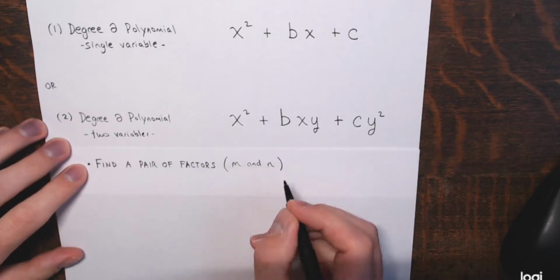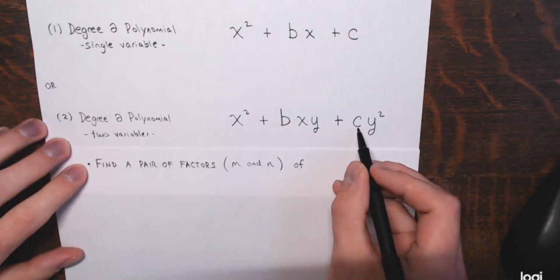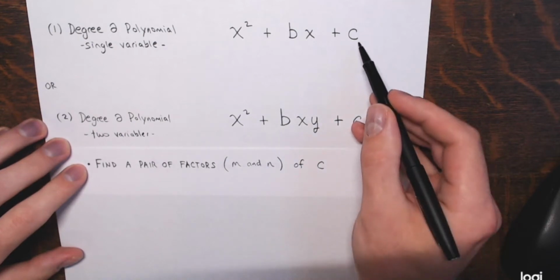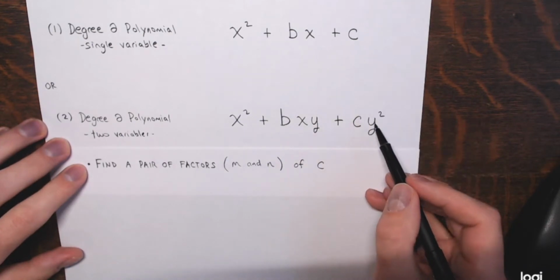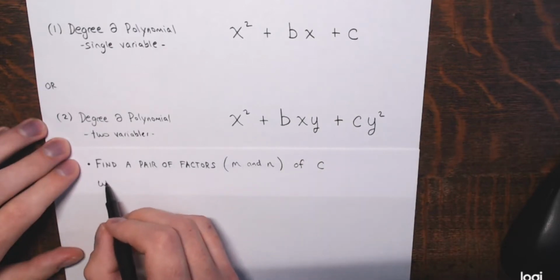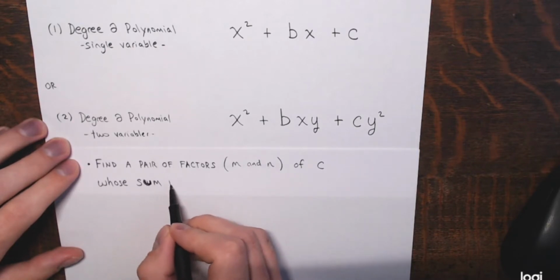We're going to find a pair of factors of c, the coefficient on the last term, c y squared, whose sum is b, right?